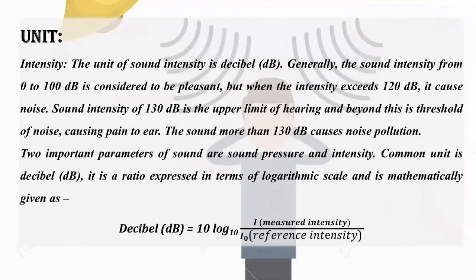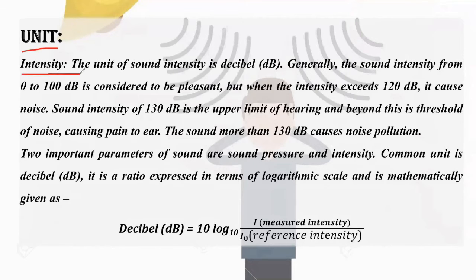Now whenever we move to the intensity of noise, we will see that intensity is a very important parameter, and this parameter will tell us clearly what to deal with and how to deal with it.